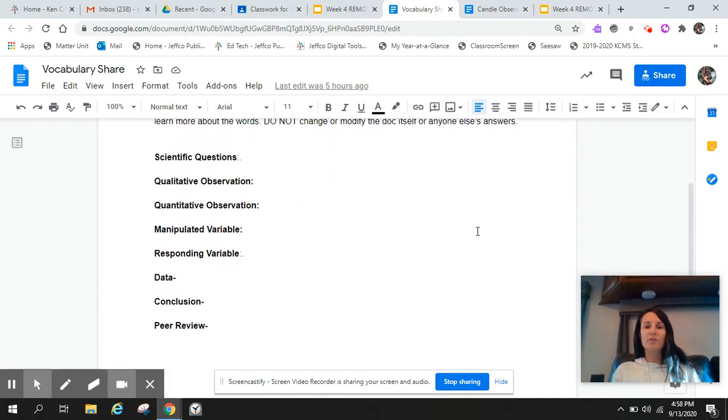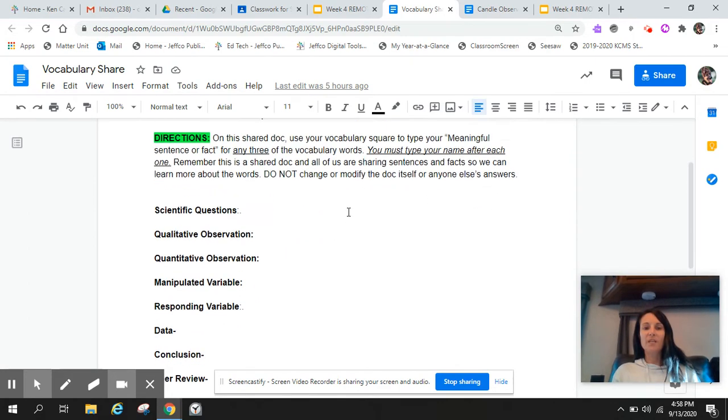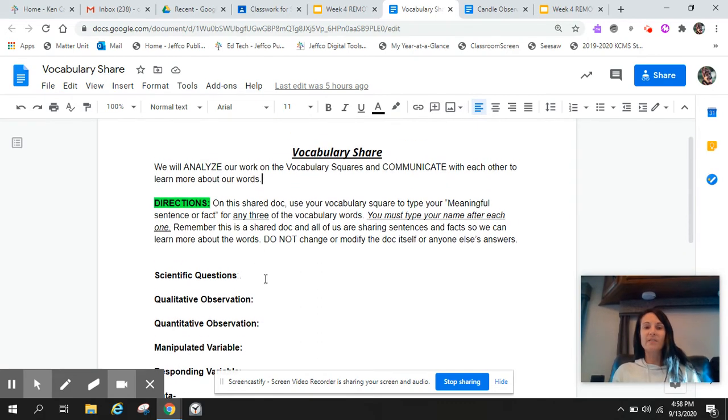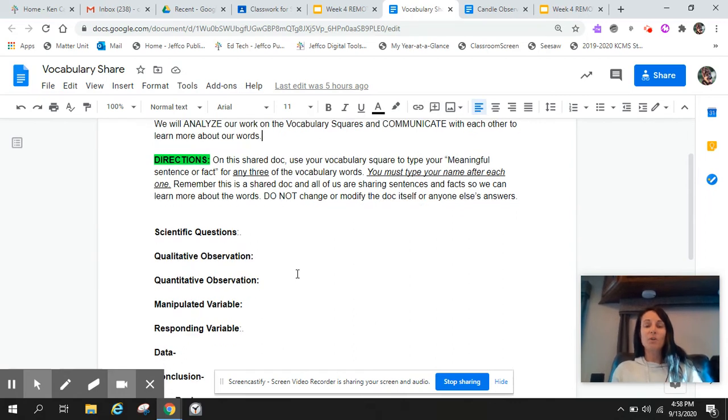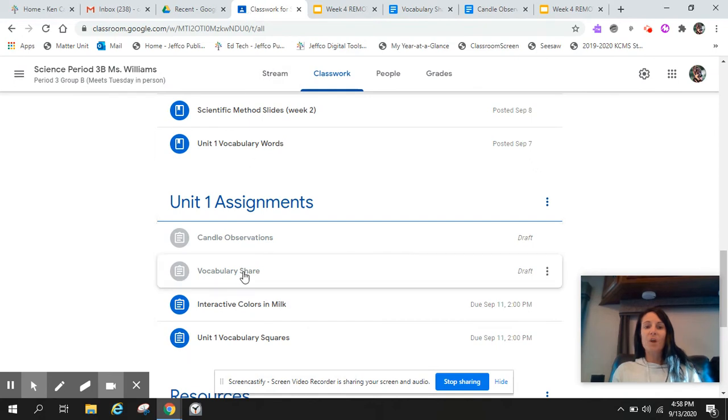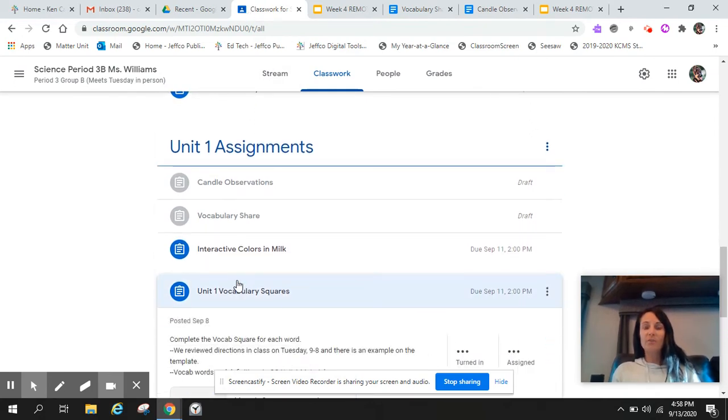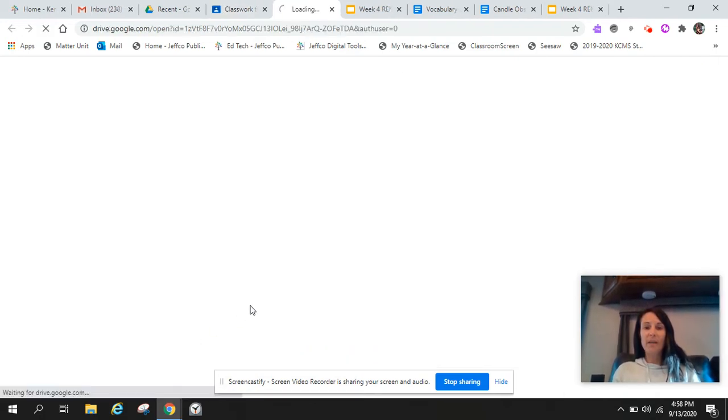So here's how it works. You're going to see this document, and by the time you log on to it, maybe somebody else has. And you only have to pick 3 of the words that you feel best about your fact or example or sentence that you used. So again, what you might want to do is go to your classwork, open your vocabulary squares from last week.